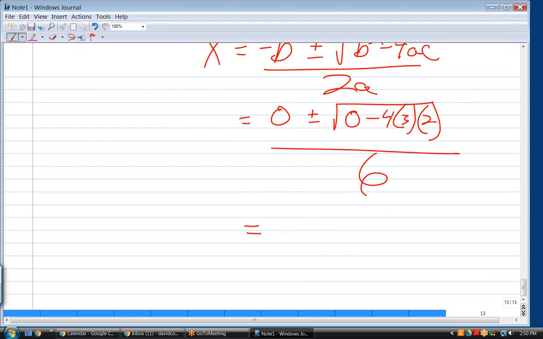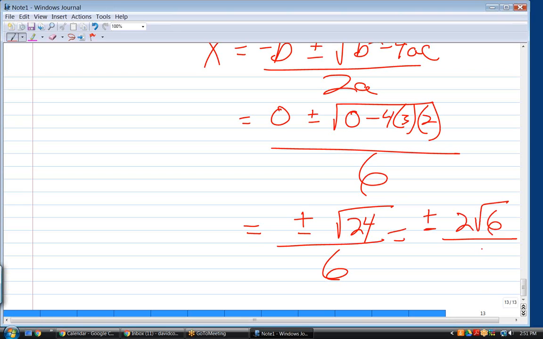So we have plus or minus the square root of 24 all over 6, which is plus or minus 2 root 6 over 6, which is plus or minus root 6 over 3.